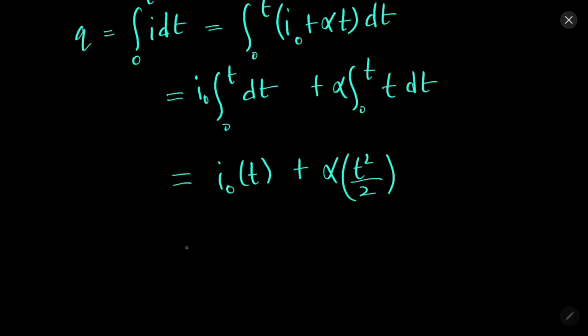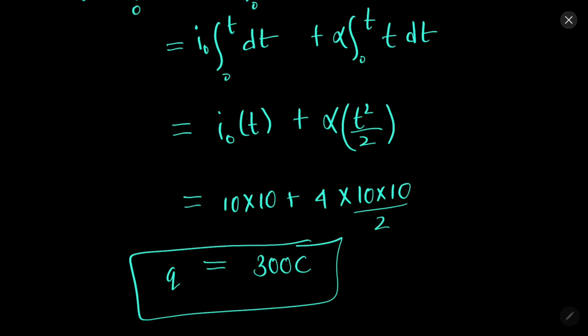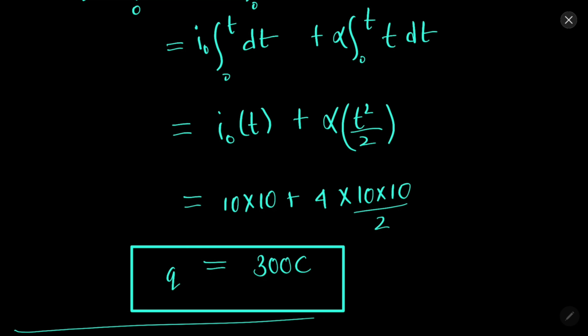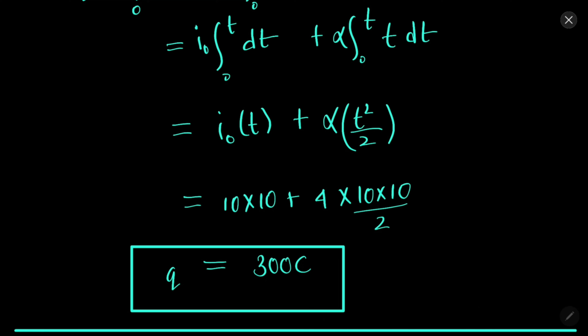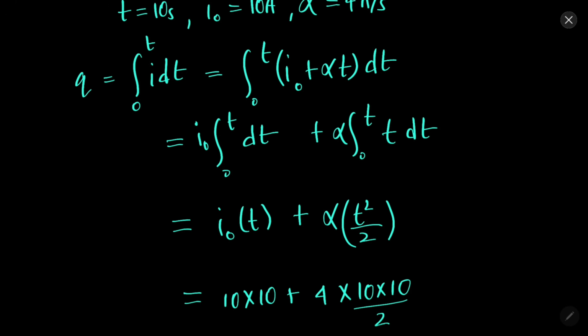Just put the values. You will obtain 10 into 10 plus 4 into 10 into 10 over 2, which will give us 300 coulomb. So charge will be 300 coulomb. We integrated this because the current was depending on time.